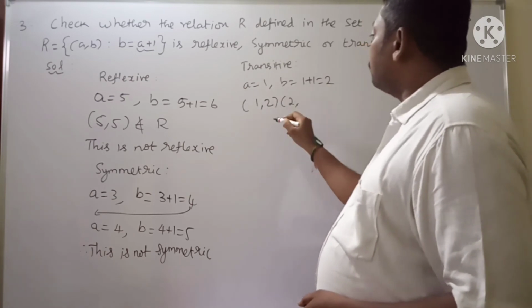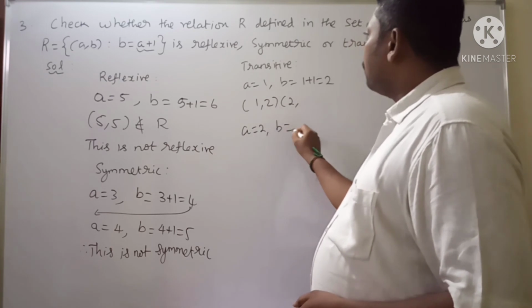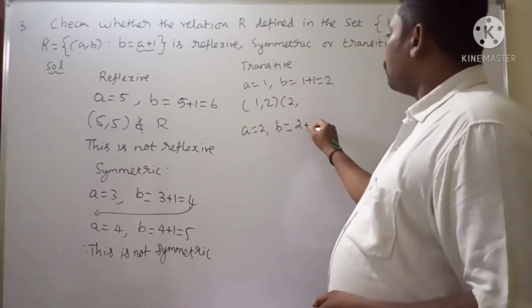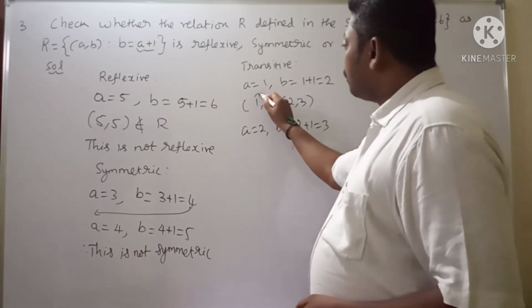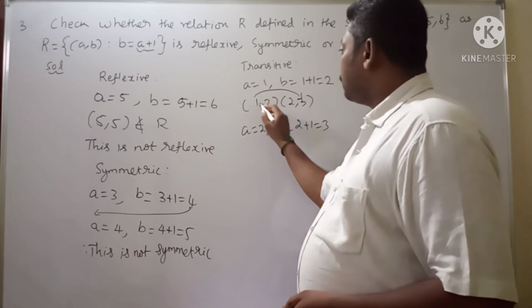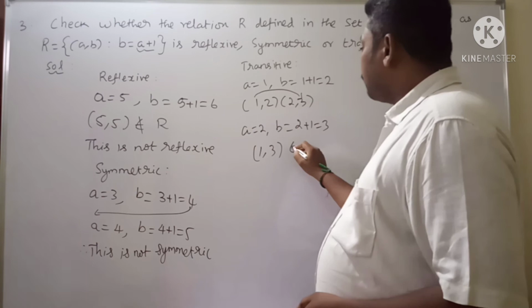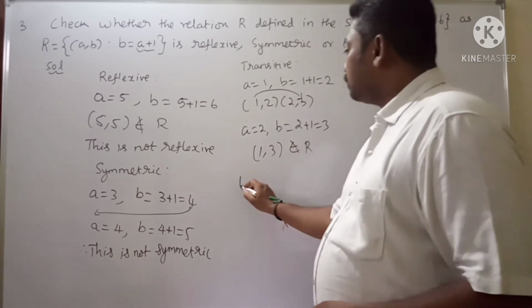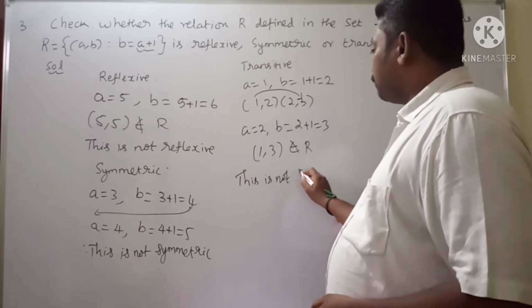Then we substitute 2: a = 2, then b = 2 + 1 = 3. Then for a = 1, we should get 3, which is not possible, because if we substitute 1, we will get 2. So (1, 3) does not belong to the relation. So this is not transitive.